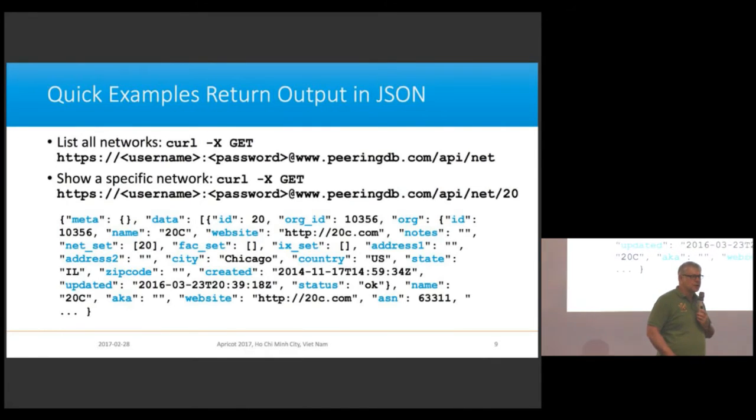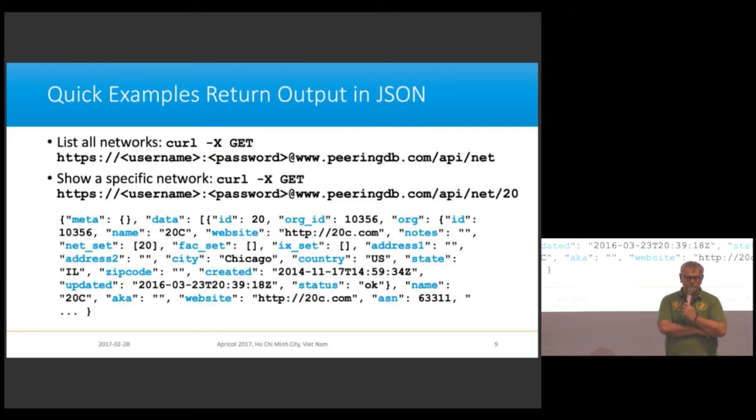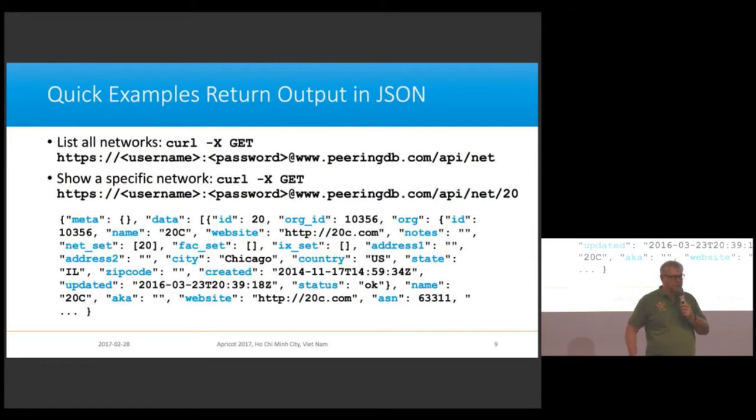This is a quick example of how to work with the API. You simply call curl to get the information, and the standard output is in JSON format, from which it's easy to fill in your script what you need for your peering records.